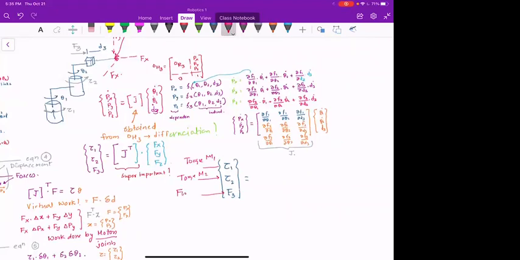And F3 is the force by joint 3, which is the cylinder, and it is nothing but the Jacobian transpose times Fx, Fy, Fz. So this is how you can actually find out the joint forces and moments.